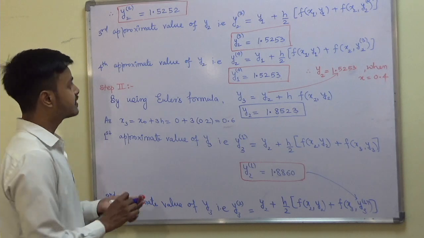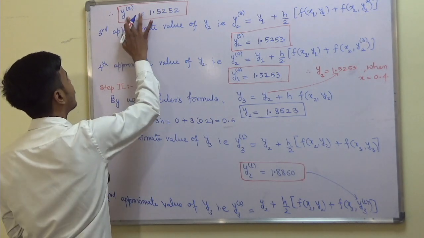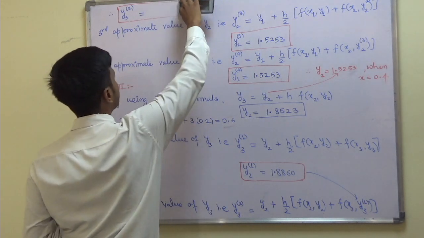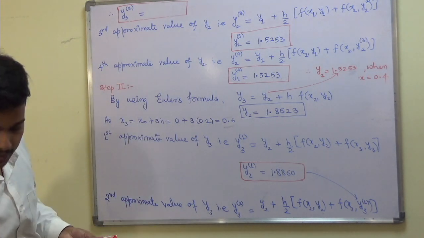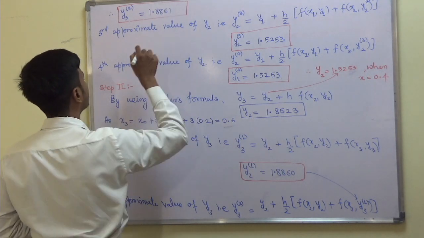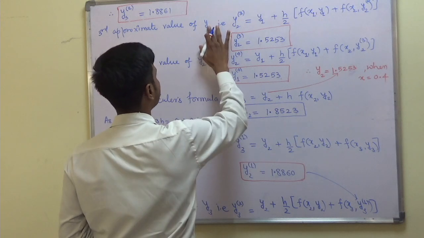So substitute this value to get y32, and y32 comes out to be 1.8861. Then find out the third approximate value of y3.